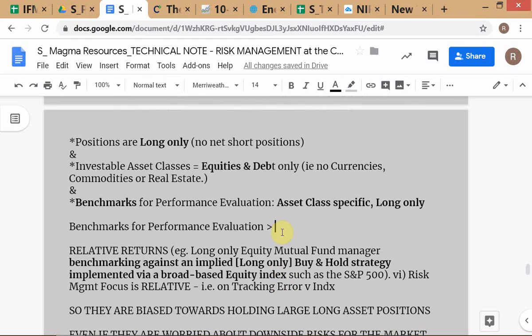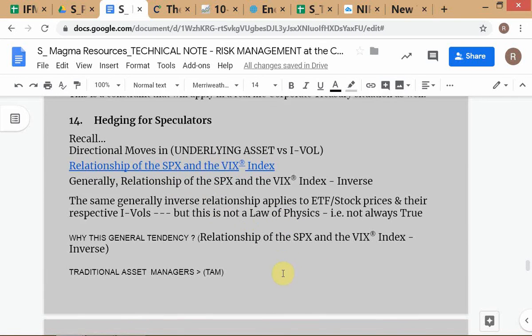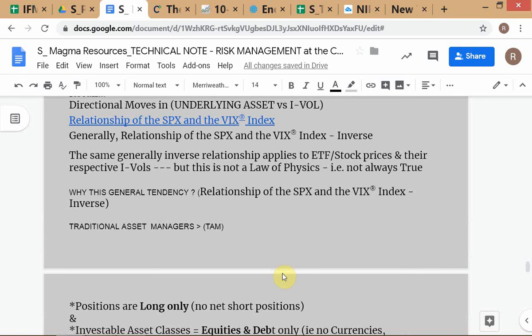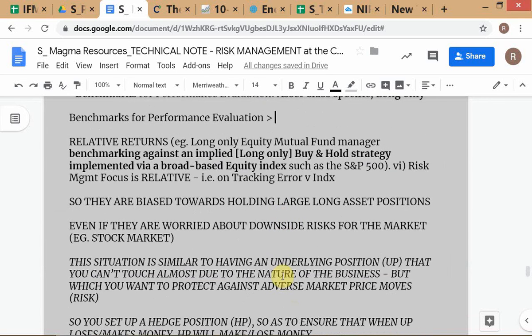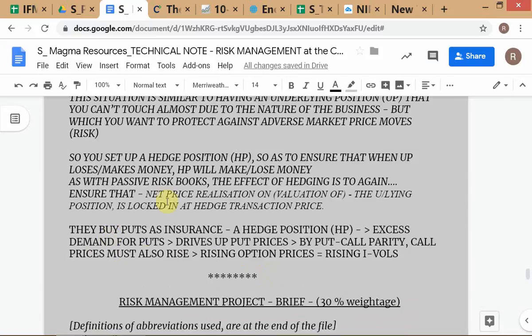This is a very important idea, the inverse relationship between the SPX and VIX. One, you understood the logic for that relationship, which is the logic given here. And then you have understood the broader context in which this phenomenon develops, because the TAM guys are reluctant to surrender their long underlying position.